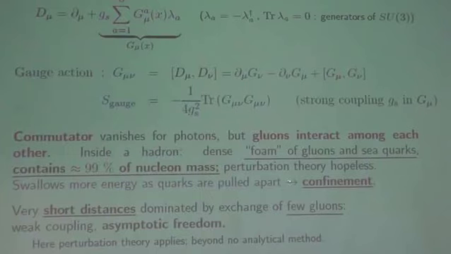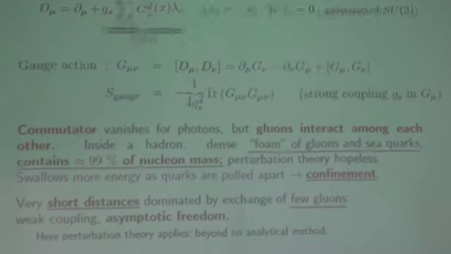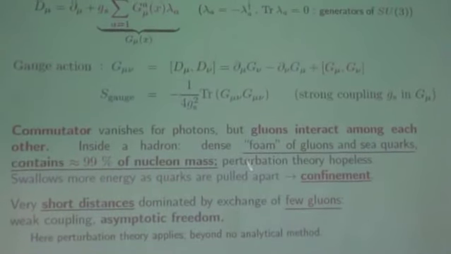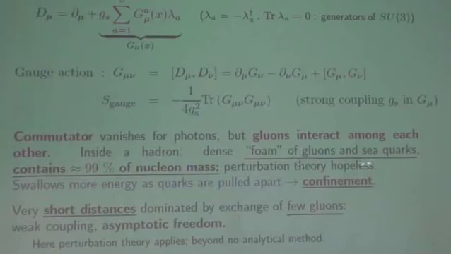In contrast to many popular science articles, the Higgs mechanism is actually of little relevance for the masses in everyday life. Of course, it gives the mass of an electron, for instance, but if you look at any macroscopic object like this laser pointer, practically all of it is encoded in this dense foam of quarks and gluons and sea quarks, which can emerge and disappear there, and is not really generated by the Higgs mechanism.